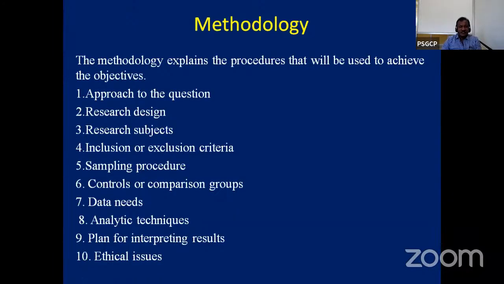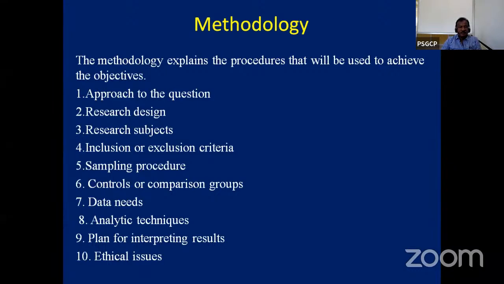So methodology, to put it in a nutshell, explains the procedures that we use to achieve the goal and objectives. It is the approach to the question that comes to your mind, and we also would have searched the literature. Based on that, we will be approaching.